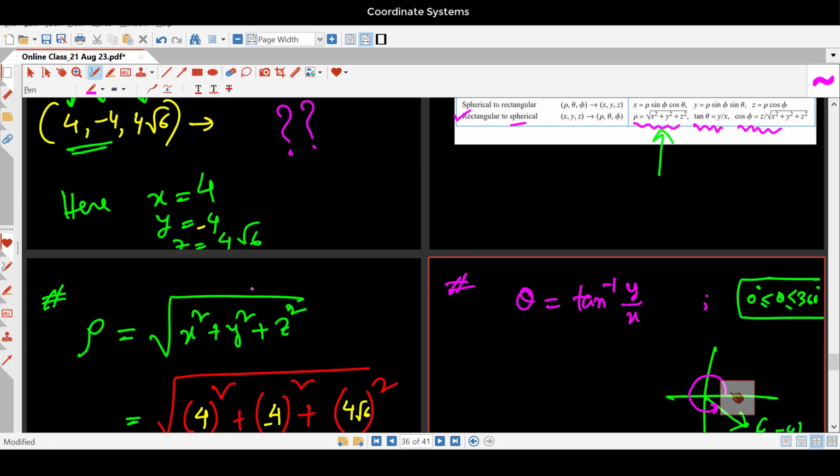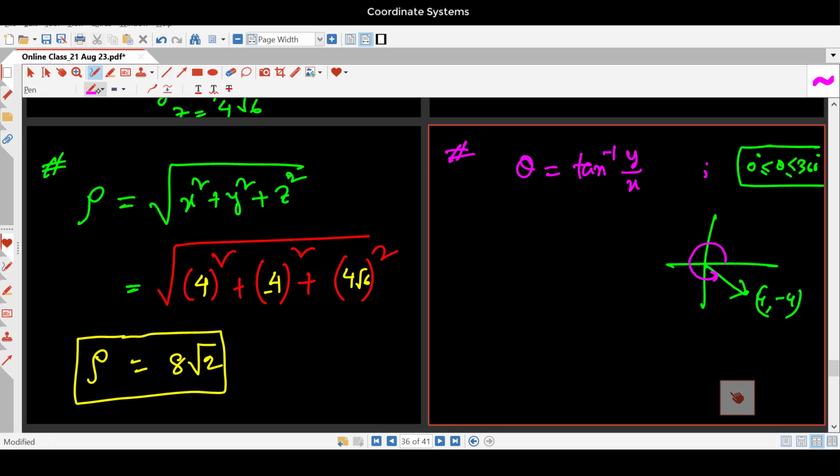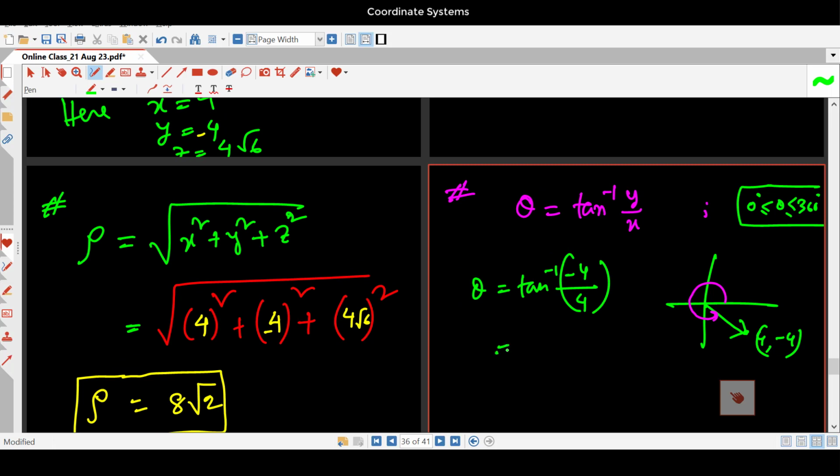We have the same angle theta here. So let me show with a short form. So theta equals tan inverse y over x. So that means tan inverse -1. So we will get -45 degree. That means -45 degree is found.